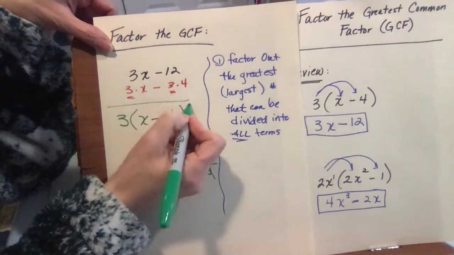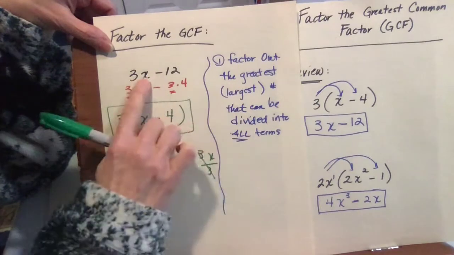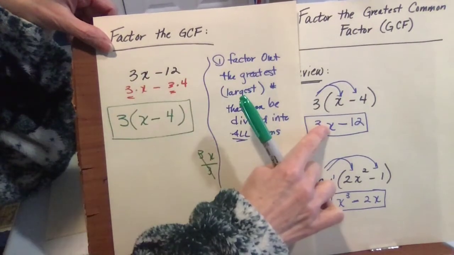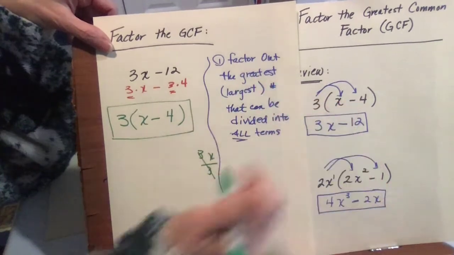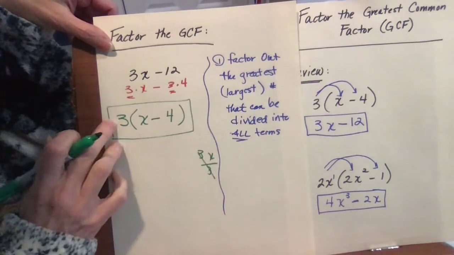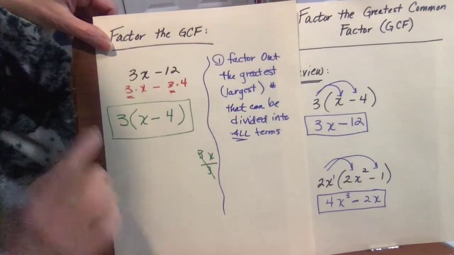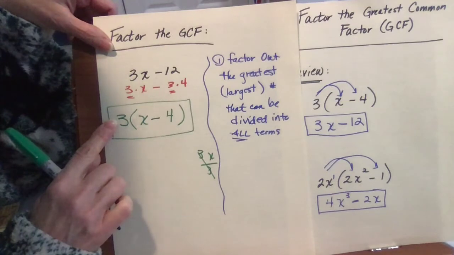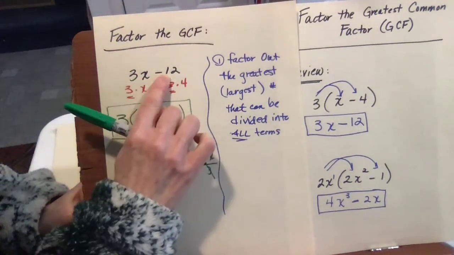And we have taken the distributed answer that we had, 3x minus 12, and we've factored out and put it back into what it would have been before we multiplied, before we distributed. So we get back 3 times the quantity of x minus 4. That's factoring. 3 is the greatest common factor, and we can't lose the value of the 3x minus 12.